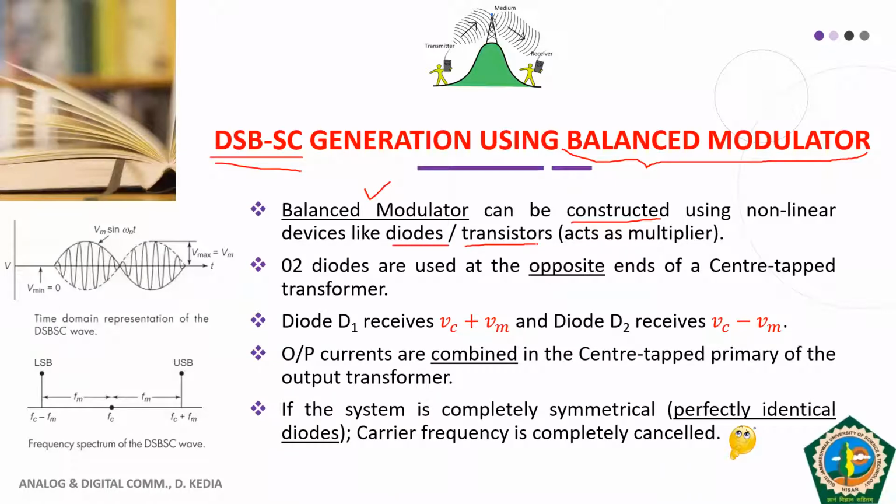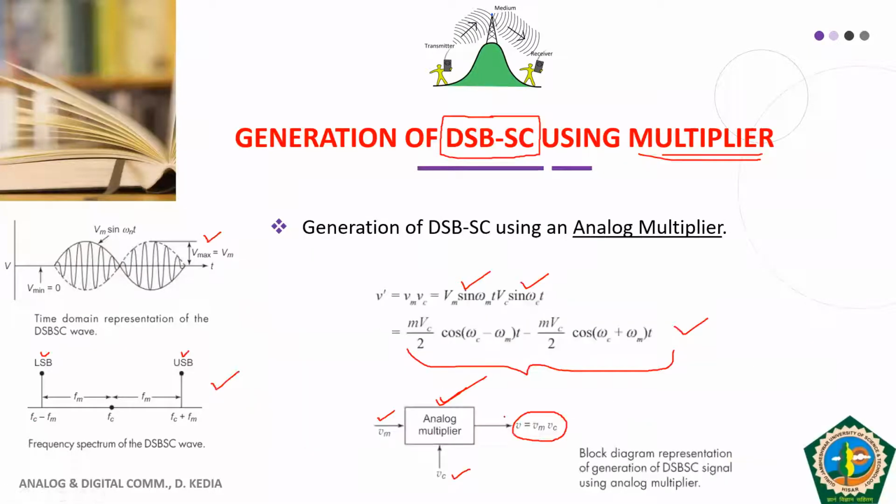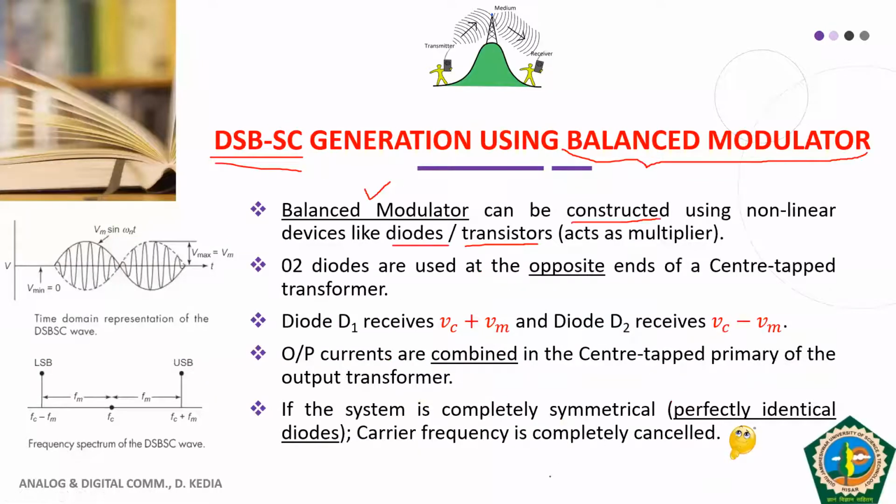Again, see what we understood in the previous slide, that by simple multiplying we get double sideband suppressed carrier. So here you can say how we are realizing the multiplier. We are realizing the multiplier by a balanced modulator. A balanced modulator circuit is a kind of multiplier. In fact, this balanced modulator is also available in the form of an integrated circuit, IC.